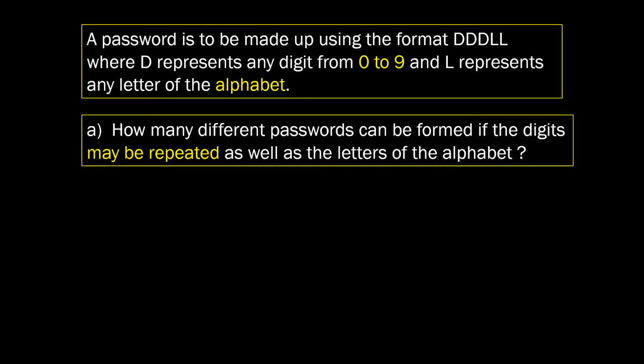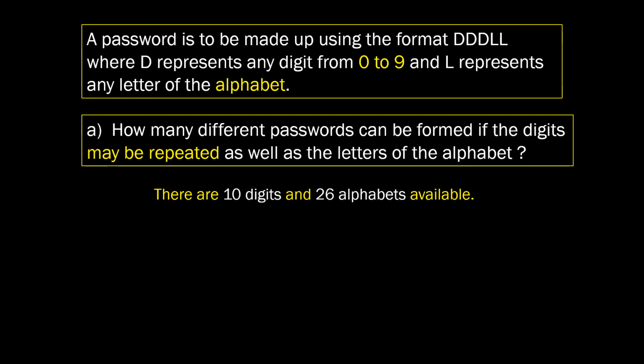A password is to be made up using the format DDDLL. D represents a digit from 0 to 9 and L represents any letter of the alphabet. How many different passwords can be formed if the digits may be repeated as well as the letters of the alphabet? You can repeat. How many digits do we have from 0 to 9? 10 digits. How many letters?